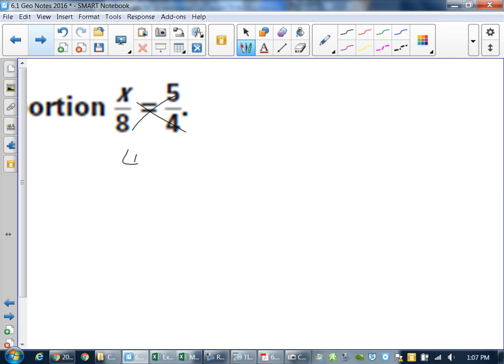Go through, 4x is 40, x is 10. You're going to be happy for a while. This last group of problems, this last chapter, is quite often just cross-multiply and solve.